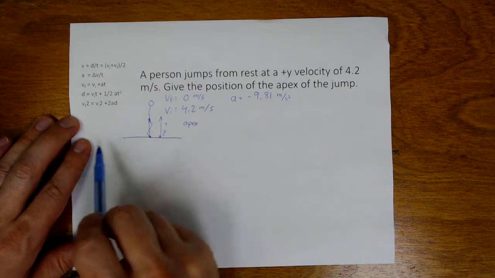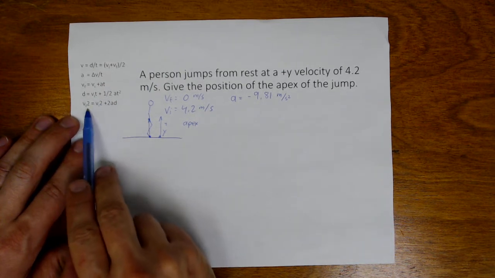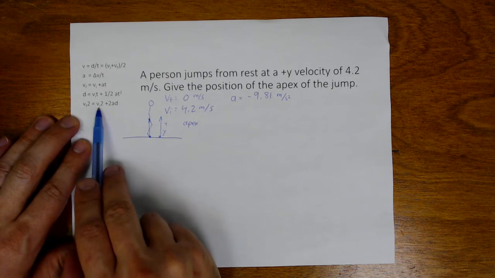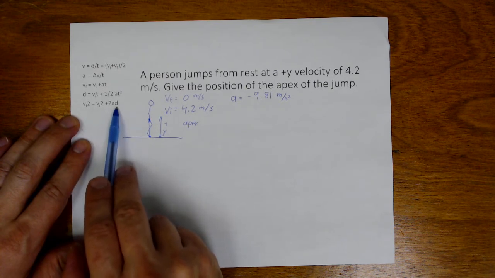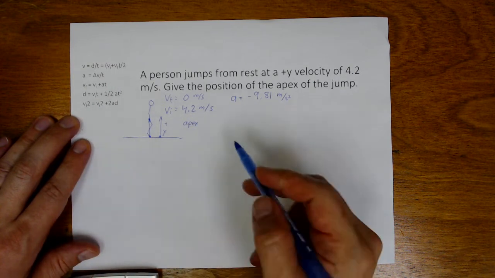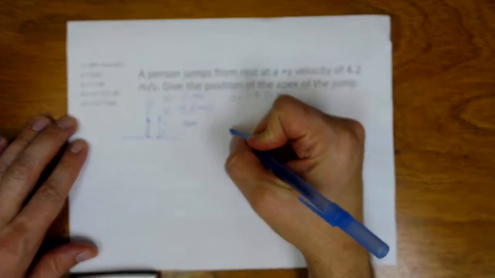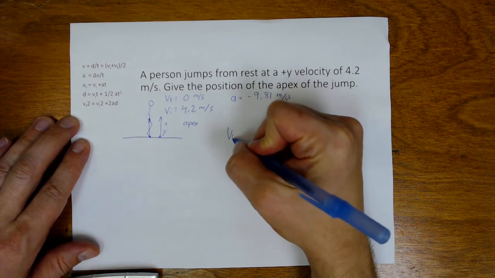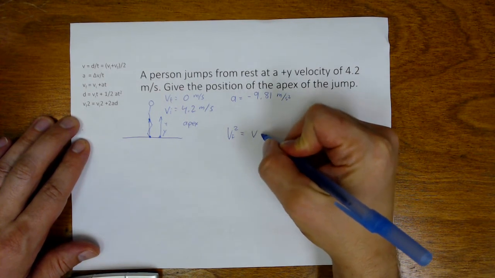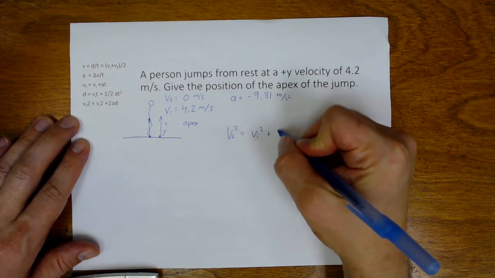All right, so the easiest thing to do is actually use this last equation here that already has final velocity, initial velocity, a, and we want to find that d. Since we have three of those variables, there's only one unknown. So the equation here is v of f squared equals v of i squared plus 2ad.